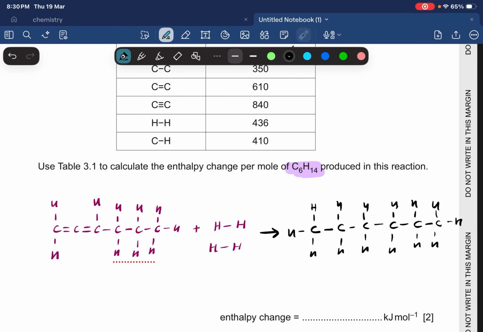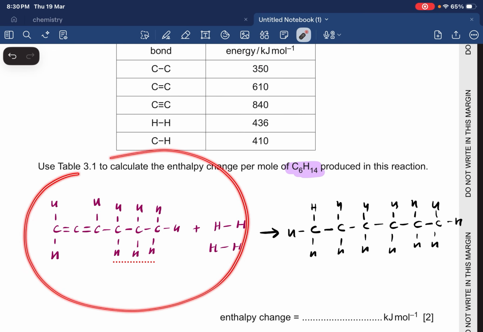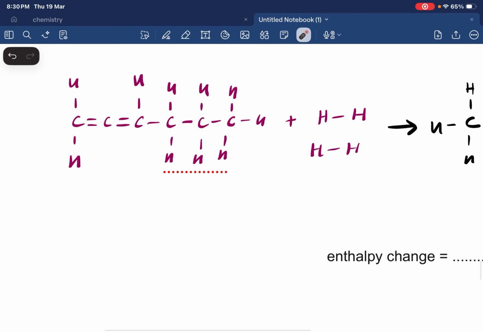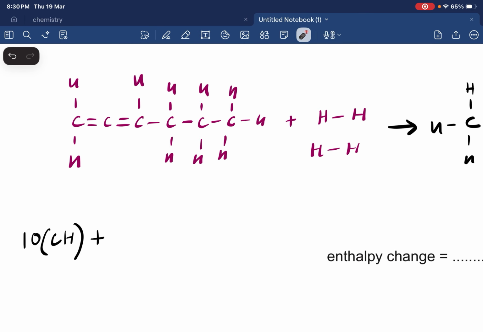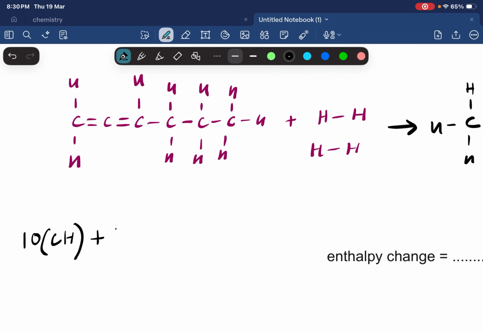So you need to calculate all the energy that's going to be put in to break these bonds. I'm going to start off with my work. I have 10 carbon-hydrogen bonds. Plus, how many carbon-carbon double bonds? 2 carbon-carbon double bonds.